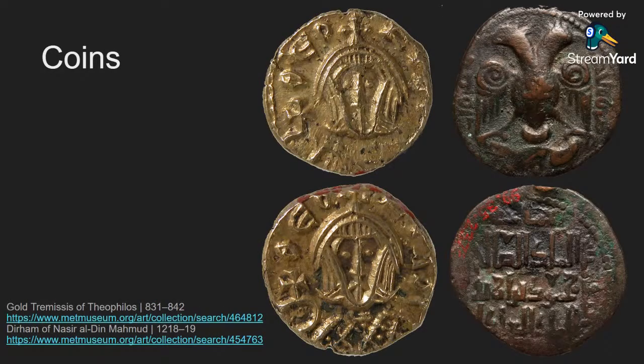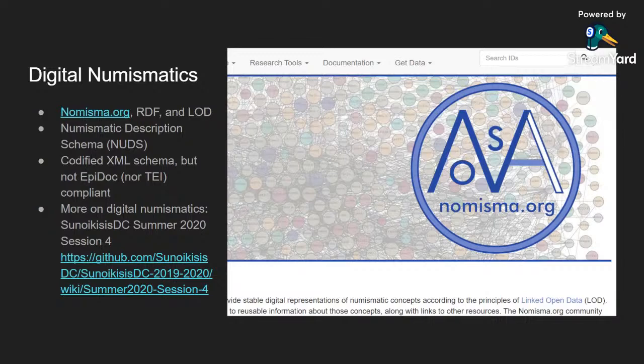And also coins. Coins should be taken here with a question mark or with a caveat, because there are already a lot of attempts, and very well done, for digital numismatics. We have the nomisma.org consortium, which is pretty much based on RDF ontologies and linked open data. And you can see here I put a couple of links, so whenever you have your slides, you can go and check it out for yourself.